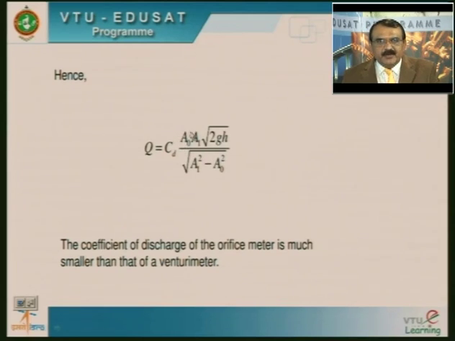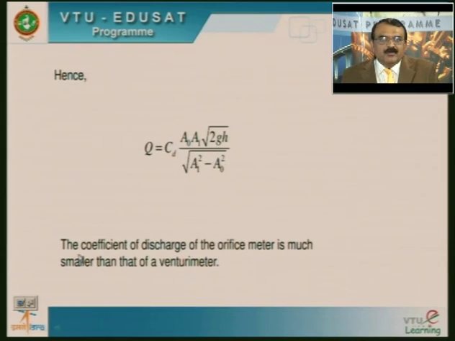The only thing you need to remember here is, rather than A2, you talk about the area of the orifice. So area of the orifice into the area of the jet at section 1 into root of 2gh divided by the area of the jet at section 1 square minus the area of the orifice square, whole thing under root.